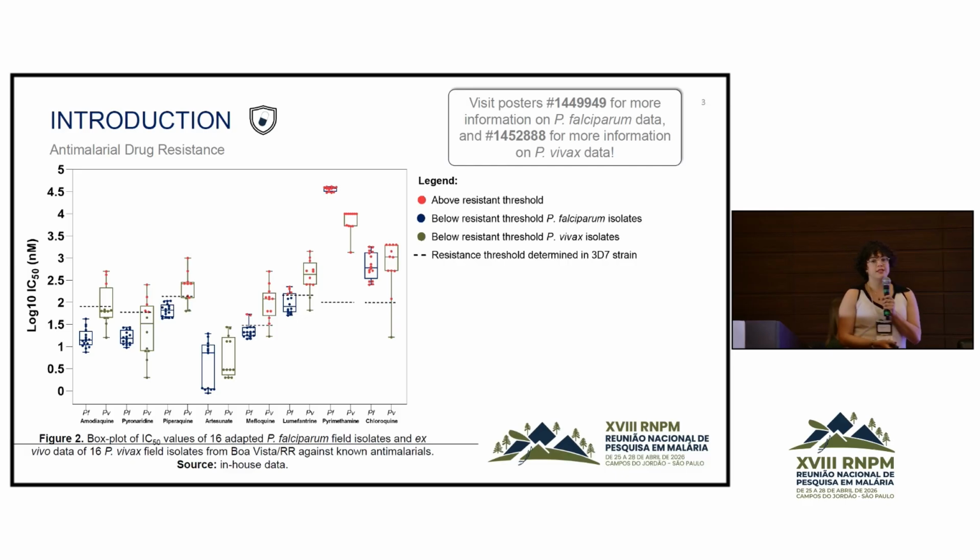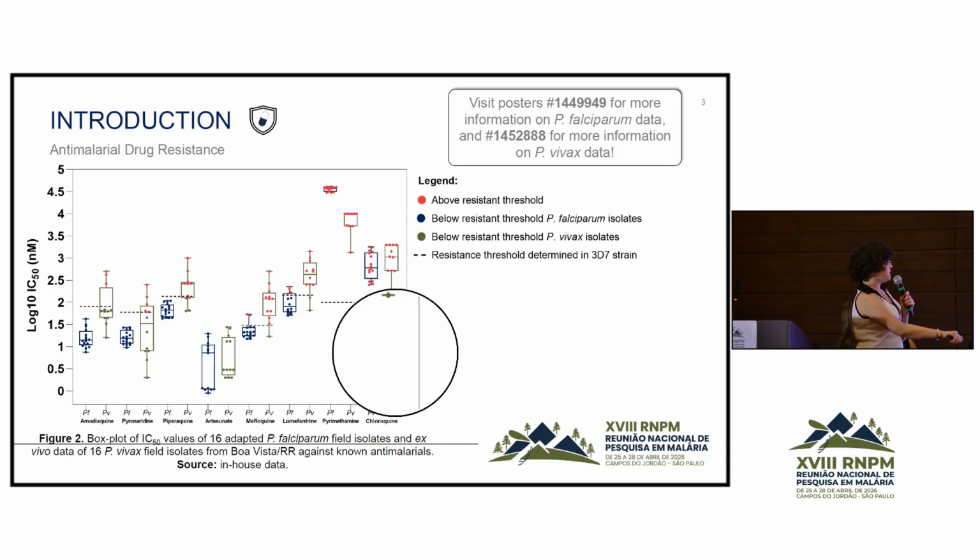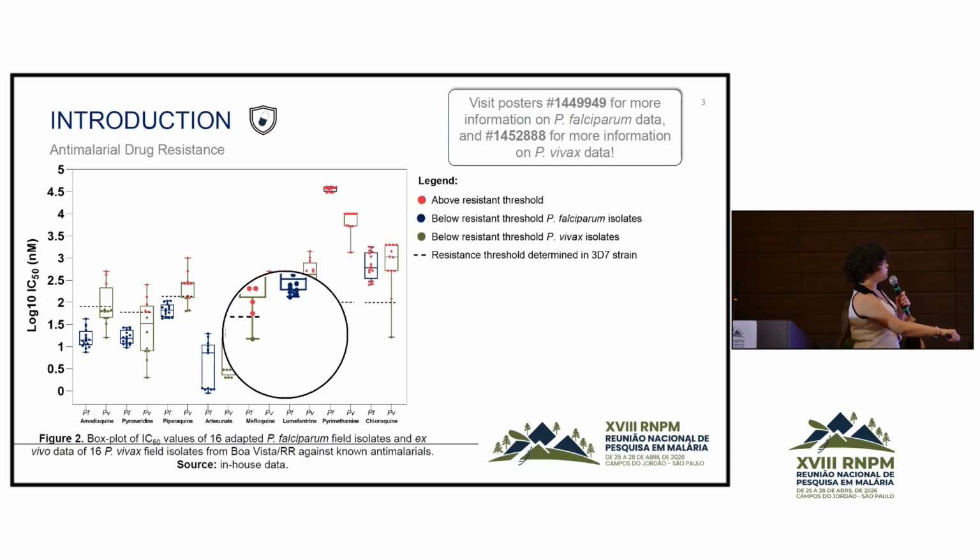especially in Africa. Concerning Brazil, I brought data from our lab where we had in vitro and ex vivo assays to determine the susceptibility of isolates from Roraima in the face of antimalarials described in this chart. And we can notice that falciparum is in blue.